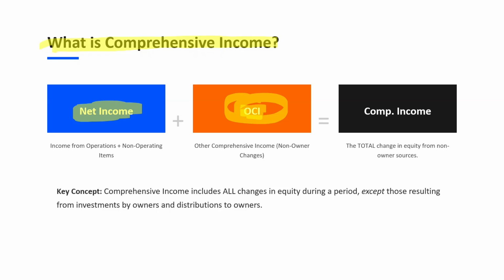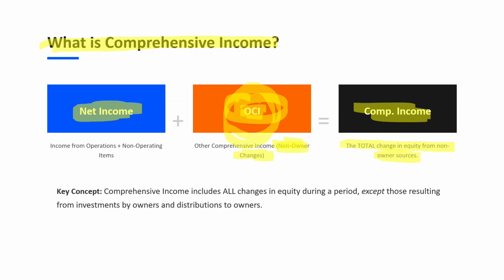In the books, you might see them separately, but in a very detailed income statement, you will see the net income, then underneath, other comprehensive income. This statement captures all those changes. Then the combination of them becomes the comprehensive income statement, and its purpose is to show the total change in equity from non-owner sources.